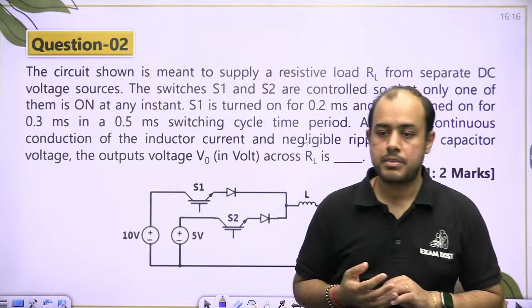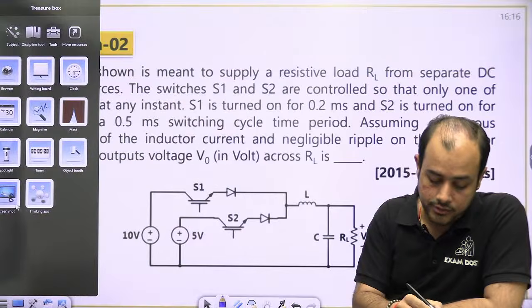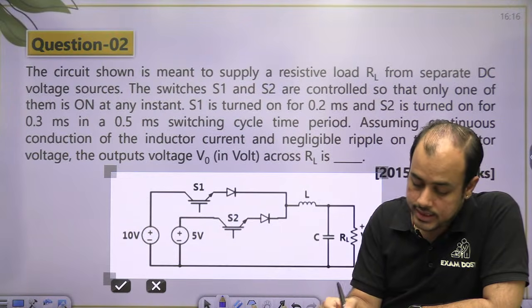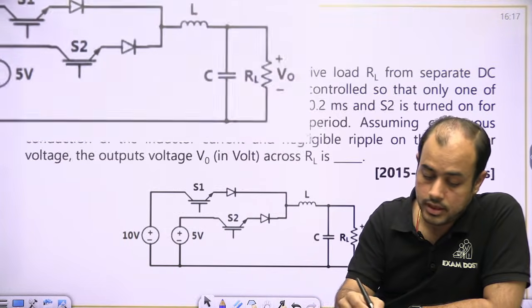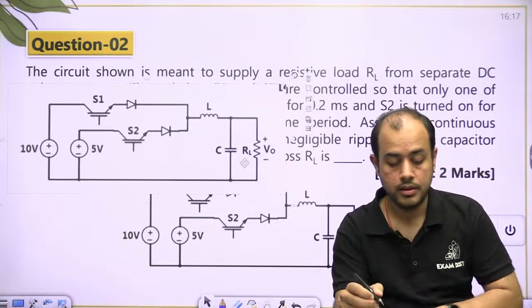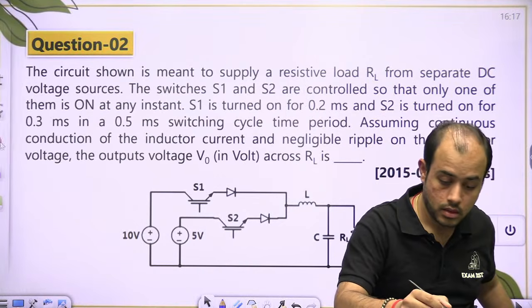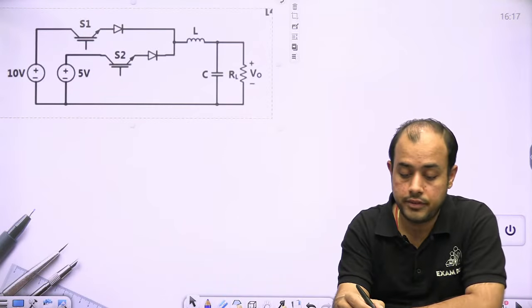देखो, the basic method of finding the average output voltage is the volt second balance. We can see that there is only one inductor.